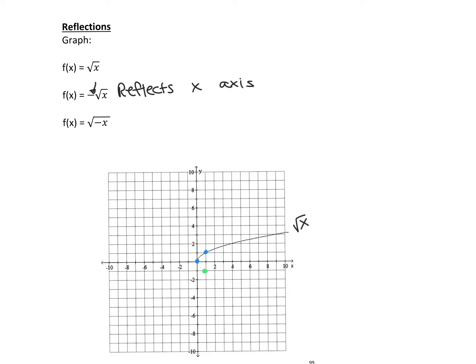So this one in blue would be in the same location, but instead of being at 4, 2, it would be at 4, negative 2, and so on. It ends up looking like this. So this is negative square root of x. Essentially, it takes the y values and makes them negative.